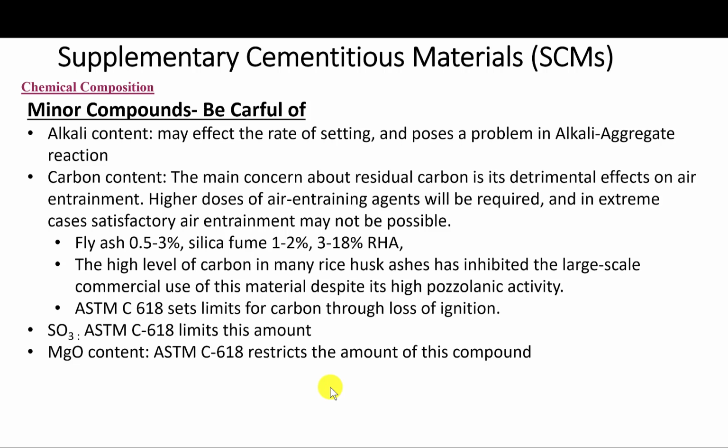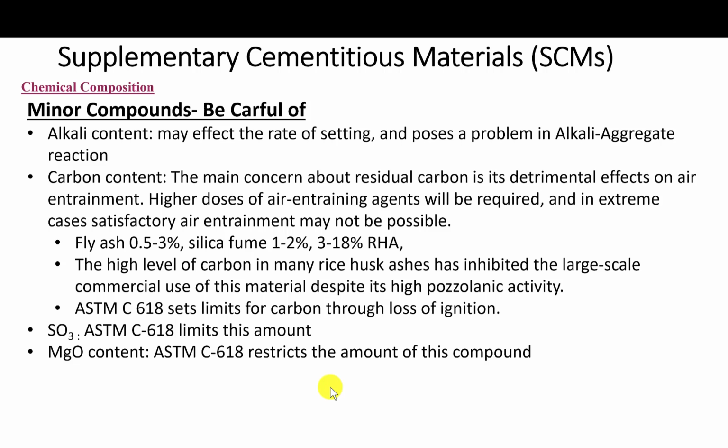In the case of natural pozzolans, the alkalis are usually in an insoluble form and are released only during reactions, if at all. Since pozzolans are added to control the alkali-aggregate reactions, as we will see later, the addition of more alkali is basically counterproductive. So you have to be careful.